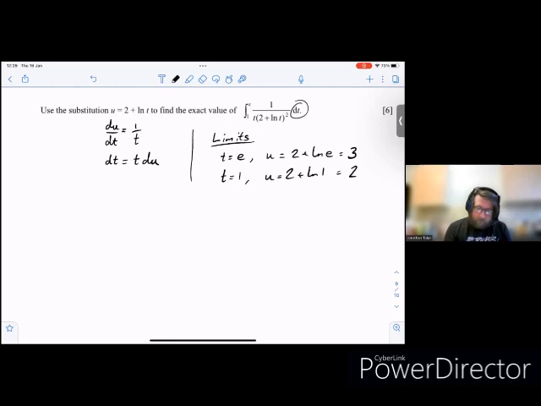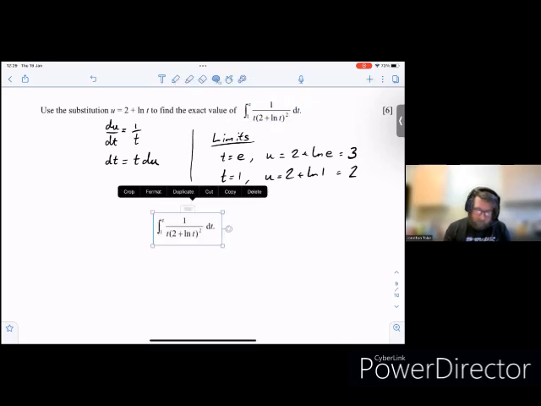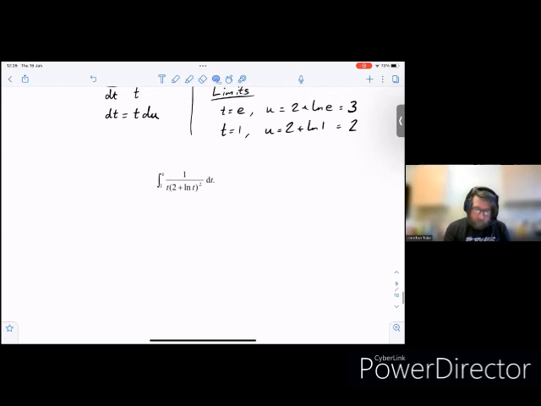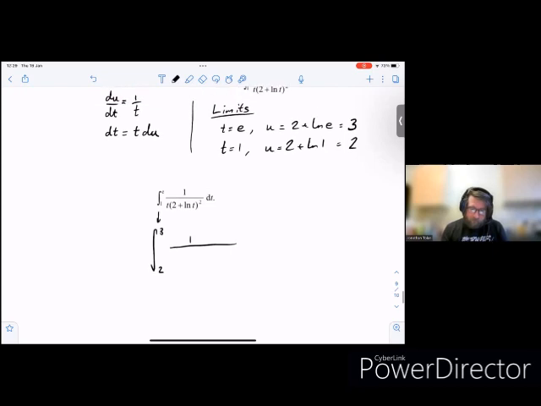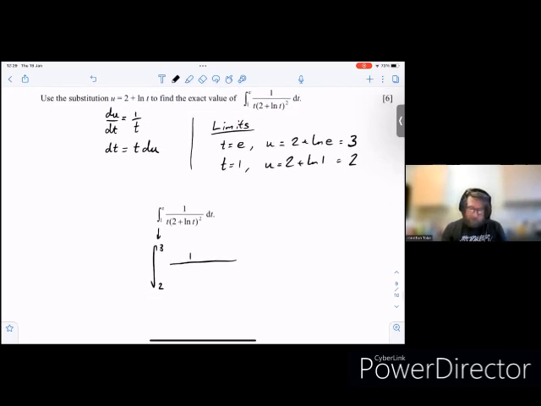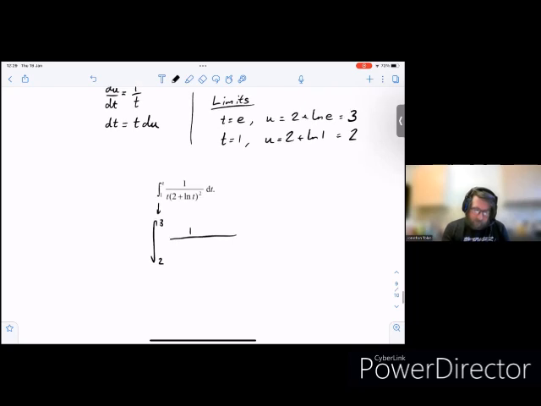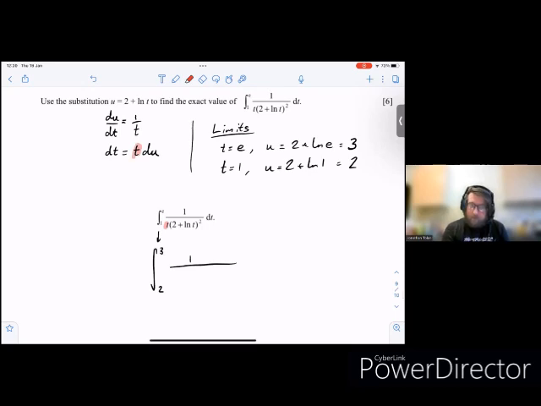So then the whole integral becomes, let's sub the limits first. We get the integral between 3 and 2 of 1 over, okay, so we've got to sub the function. So u equals 2 plus log t. I'm going to leave that t there because that t is going to cancel with the t in the t du.